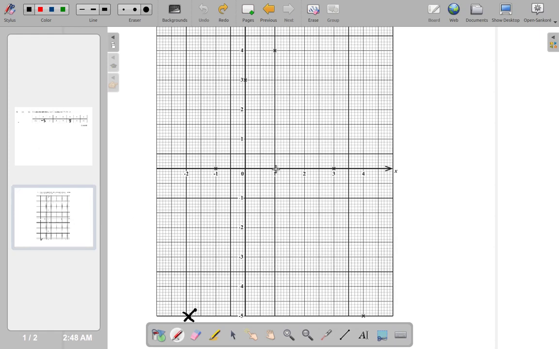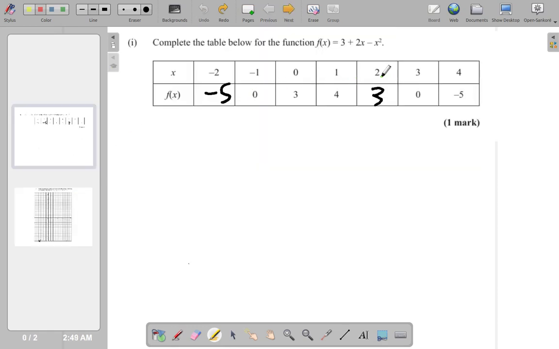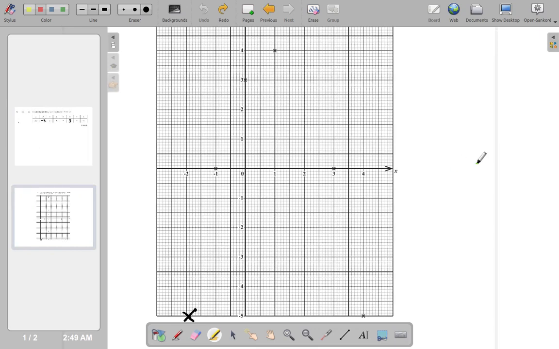We go to 1 along the x-axis and move up to 4 on the y-axis. That's the point that was already plotted. Then 2, 3. So you go to 2 on the x-axis, then move upwards right beside 3. That's where you're going to plot.